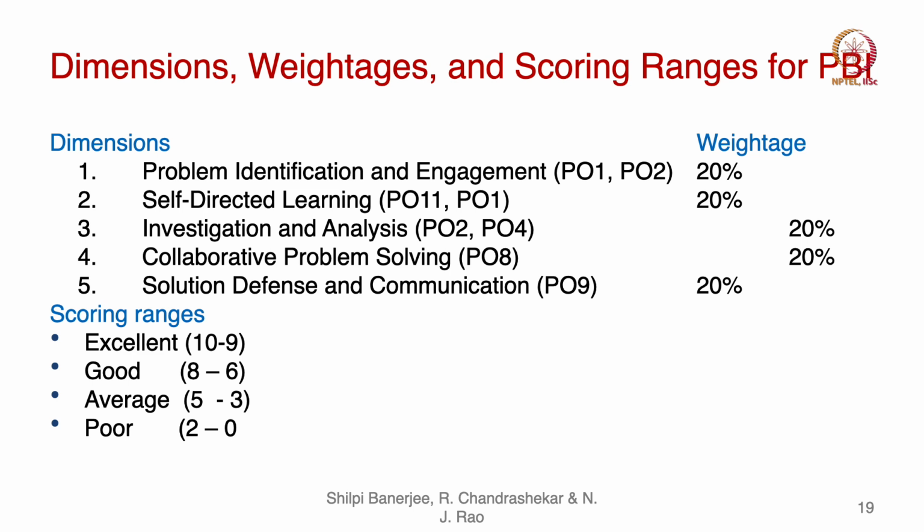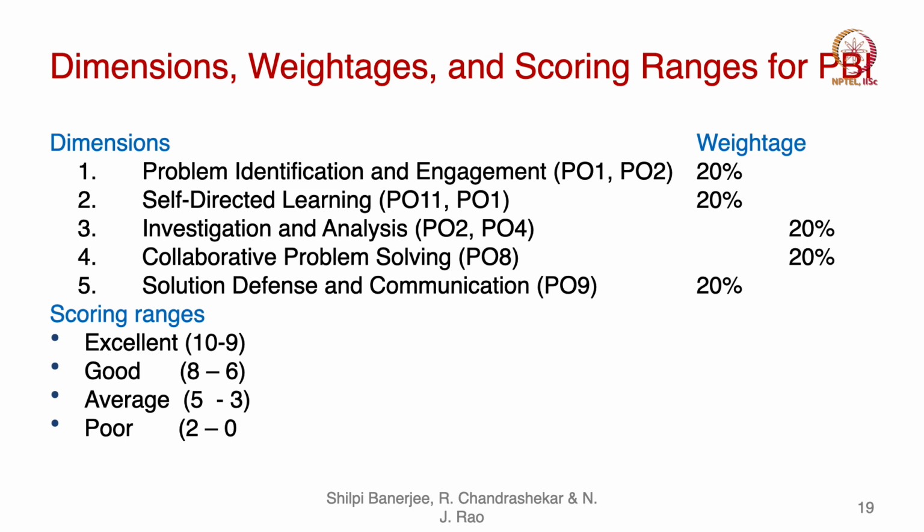Now, before we identify the rubrics, we will first identify the dimensions. Problem identification and engagement addresses PO1 and PO2. PO2 is very important. Self-directed learning, PO11 and PO1. Investigation and analysis, PO2 and PO4.